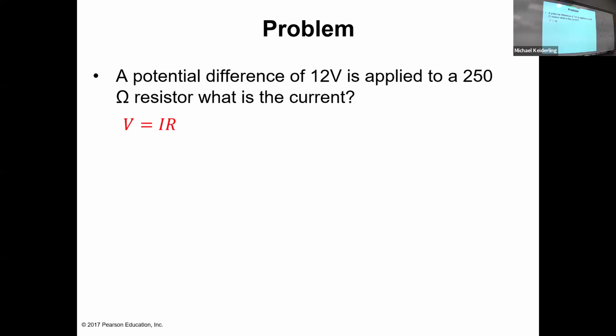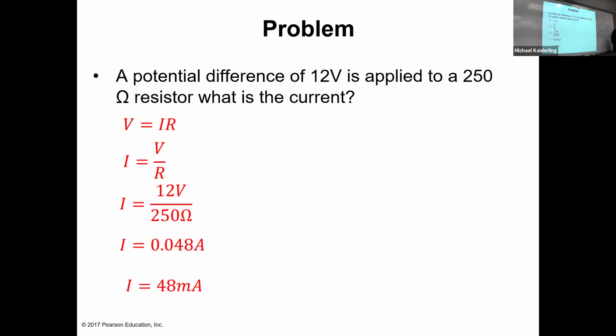So this is fairly straightforward. Voltage equals current times resistance. The current is voltage divided by resistance. 12 volts divided by 250 ohms gives you 0.048 amps. Or 48 milliamps.